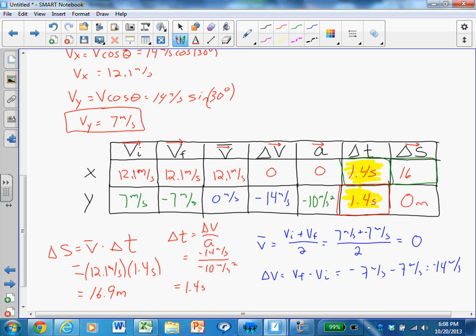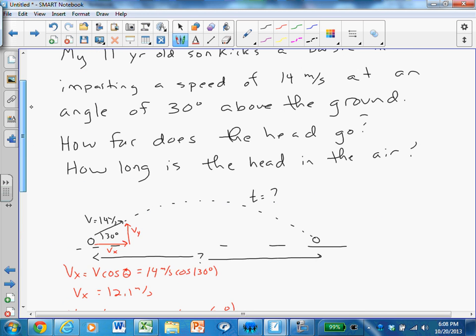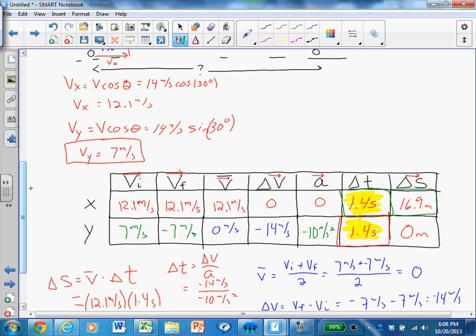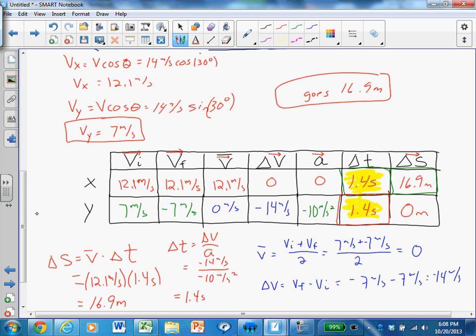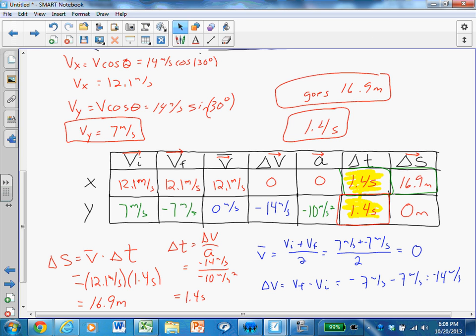So the question asks, how far does the head go? Well, it goes 16.9 meters. How long is the head in the air? 1.4 seconds. Good.